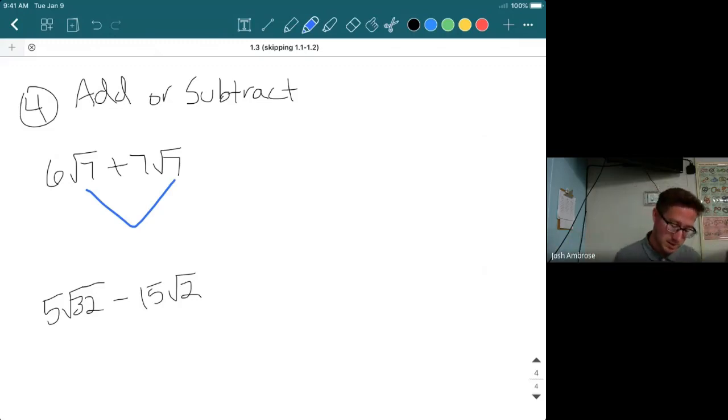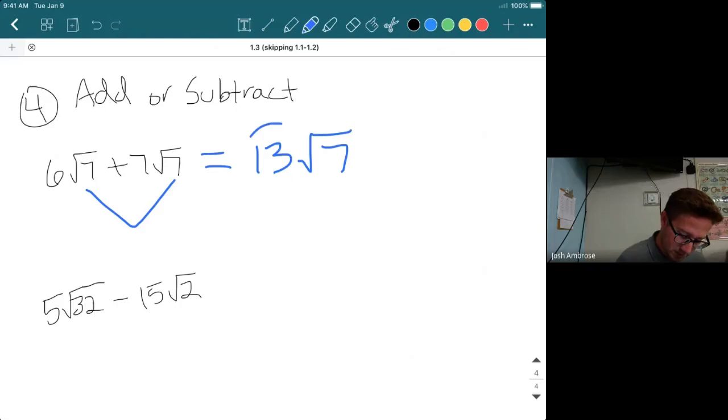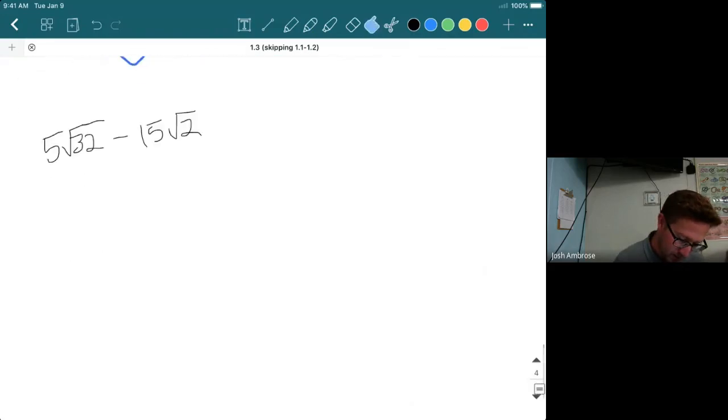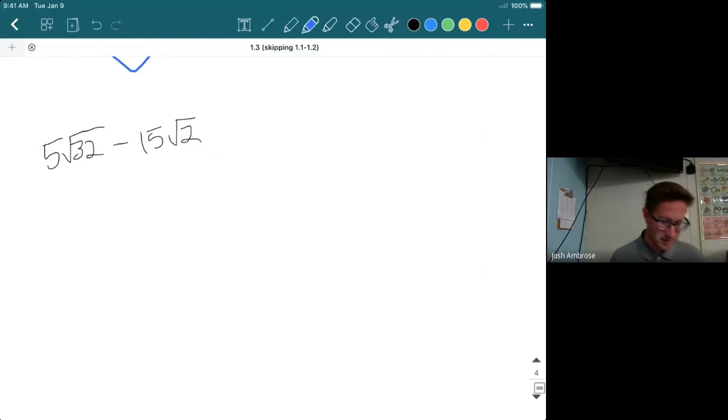All right? What is 6 plus 7? 13 with a radical 7 tagged onto the end. Simple as that. All right? Now, take a look at the next one, though. What is different about this is that you got a radical 32 and then you got a radical 2.